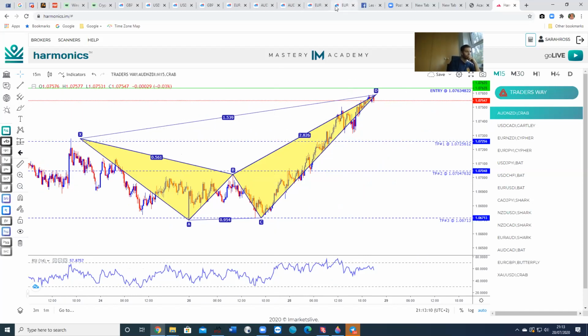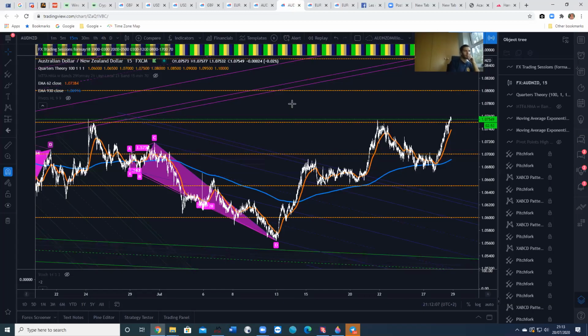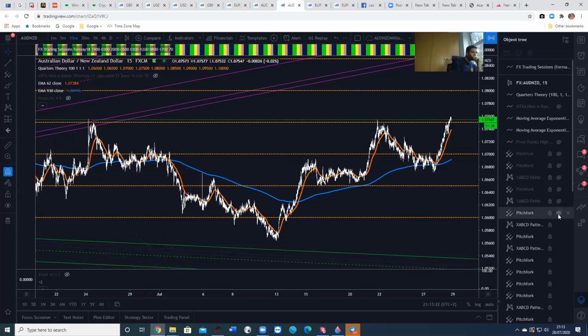So come back over to your... I'm just going to hide various things so we've got a clean chart for the purposes of doing this. Whatever you're doing, you want charts that are as clean as possible. Keep lines always the same color for the various different things you're doing.